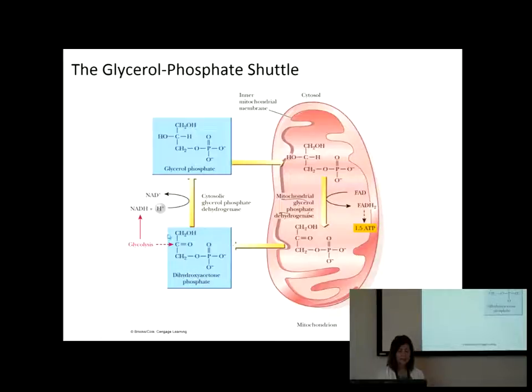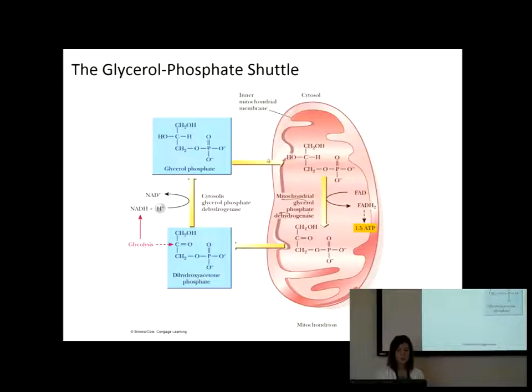What's happening is that we have the reverse of the reaction that happens in glycolysis. We're taking NADH and oxidizing it to NAD, giving the electrons to glycerol-phosphate.